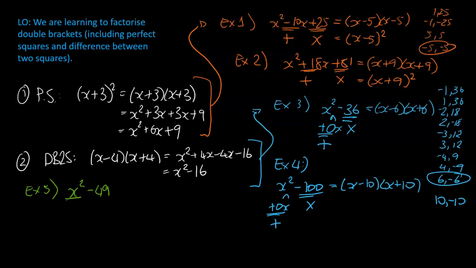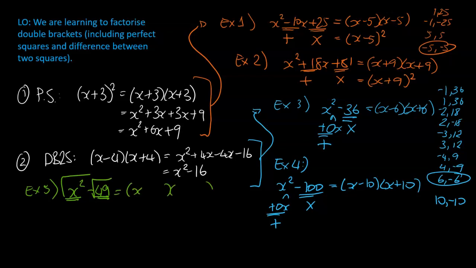What I want you to think about are these numbers here. So x squared is x times x, and 49 is 7 times 7. When the first and second parts of a quadratic can be square rooted, they're going to be a difference between squares.